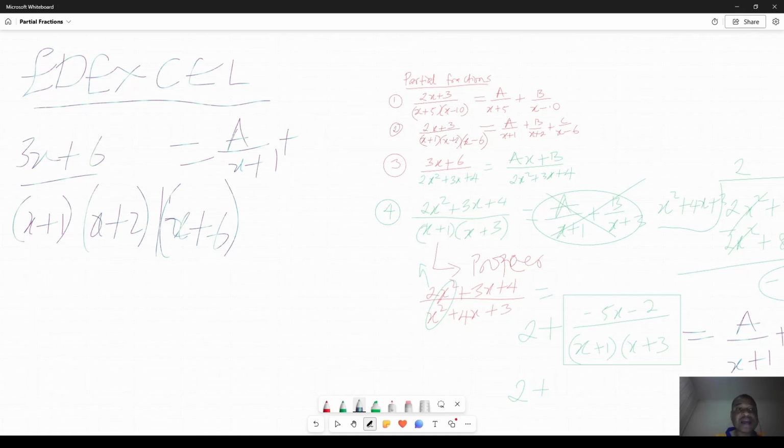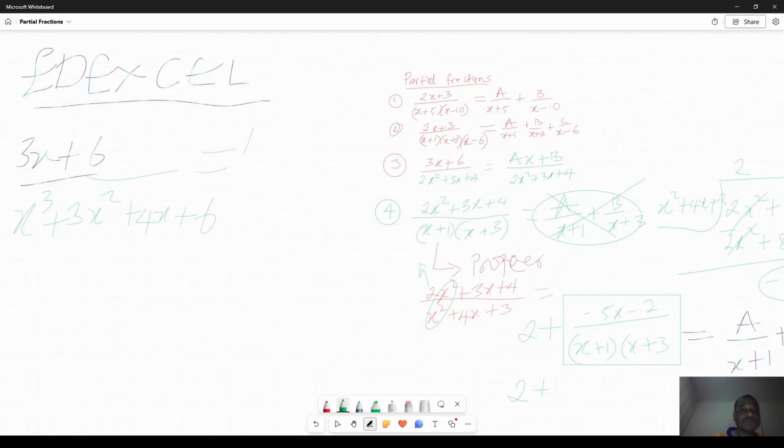So imagine we have a cubic. So imagine the bottom is cubic. So that will be, let's say we have x cubed plus 3x squared plus 4x plus 6.